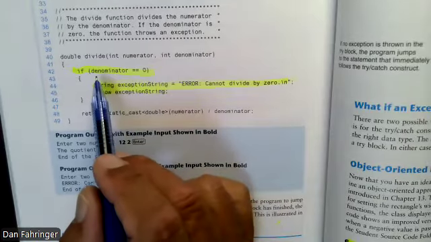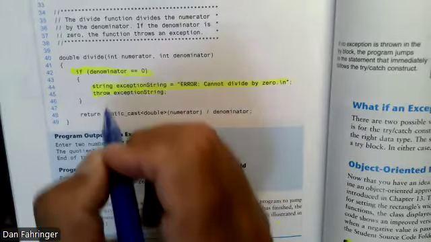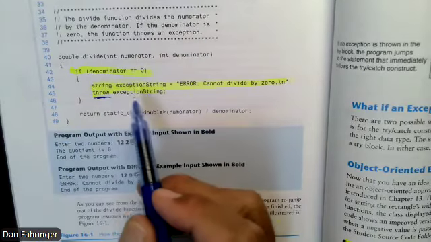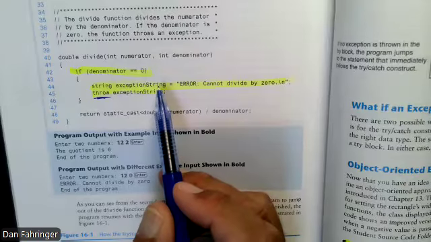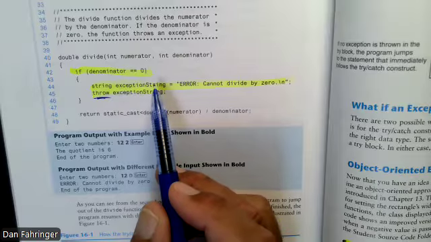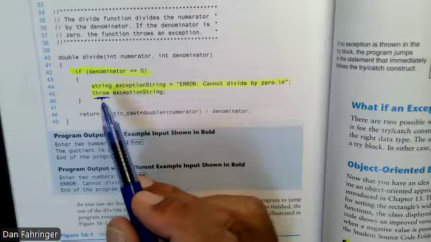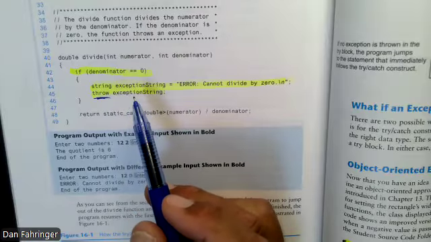But if denominator equals 0, I'm going to create this string called exception string. I could call it anything I want, error message, could be a lot of different things. And then I'm going to throw it. Now, what I just did was I threw a string up in the air.